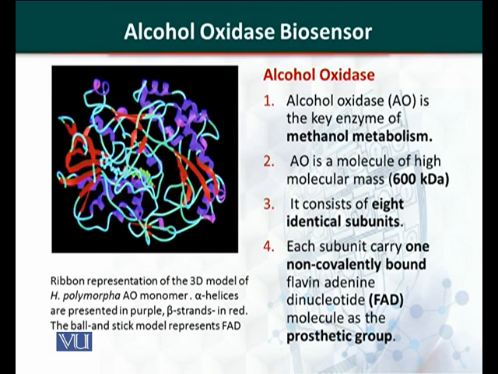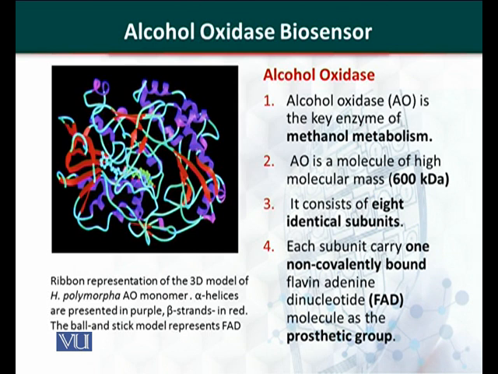Alcohol oxidase consists of 8 identical subunits, and all of these identical subunits have an ability to carry one non-covalently bound flavin adenine dinucleotide molecule, and FAD basically acts as a prosthetic group. This is required for the biological activity of the molecule.